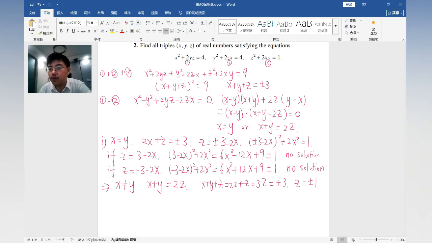Now we can know if z is 1, x plus y is 2, and we can put this in original equations 1 to 3. And this is x times y equals to 0.